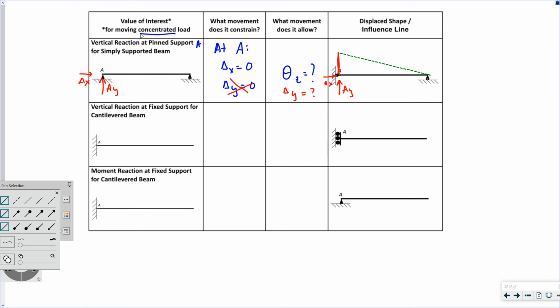I have some deflection, delta Y, and a rotation, theta Z. So if I wanted to know what my influence line for that vertical reaction looks like, my influence line is like that, right? For AY.